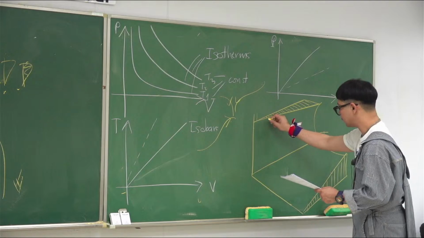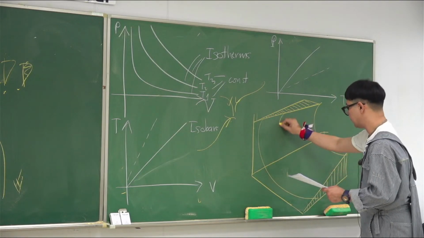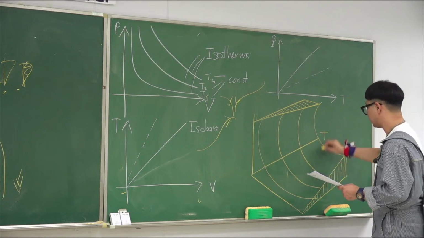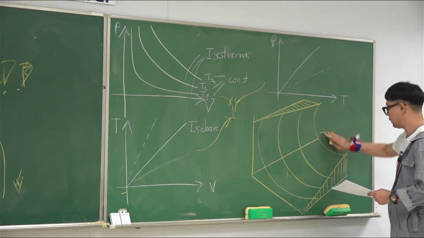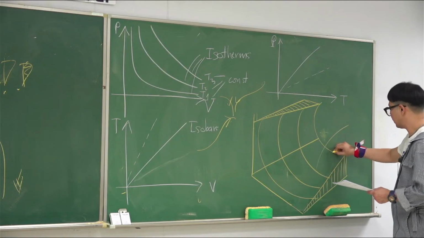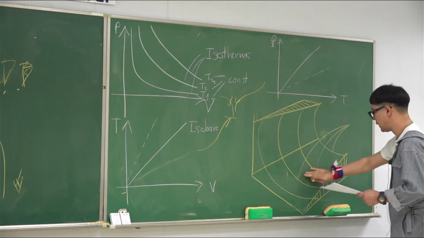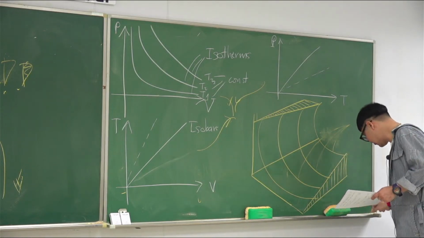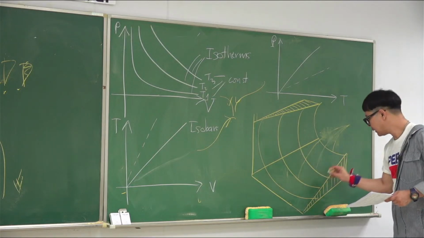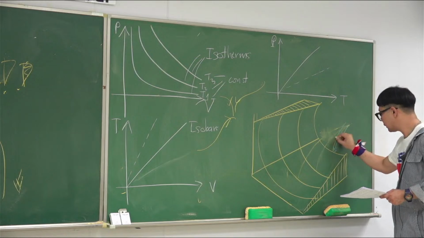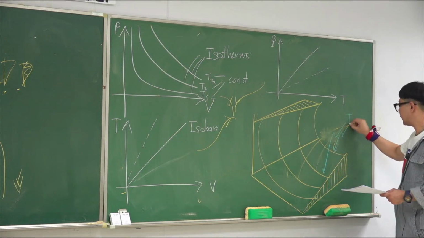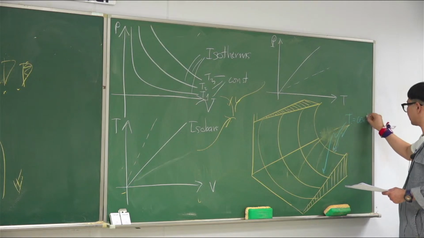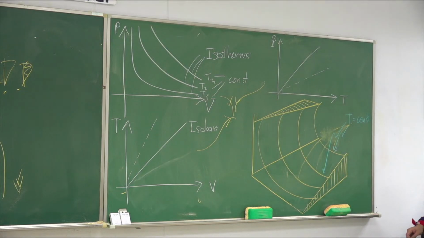So you're going to have this. I should use a different color. Let me put here. Okay. T constant. Because this is nothing but an isobar. Oh no, isotherm. Sorry for that.